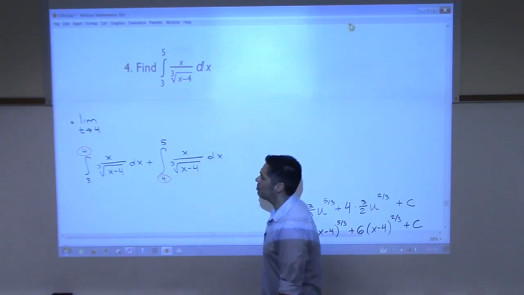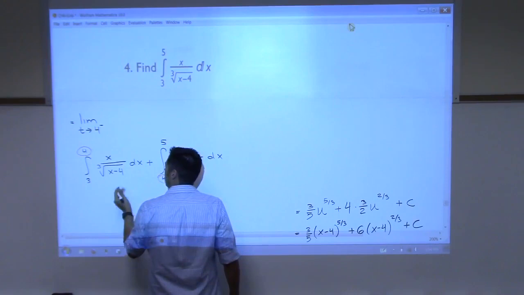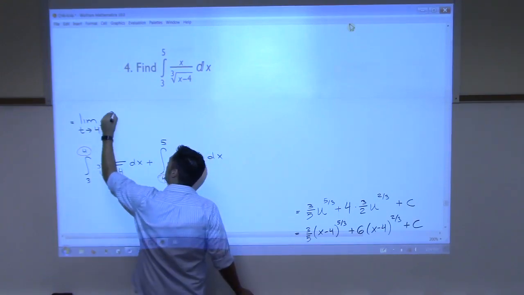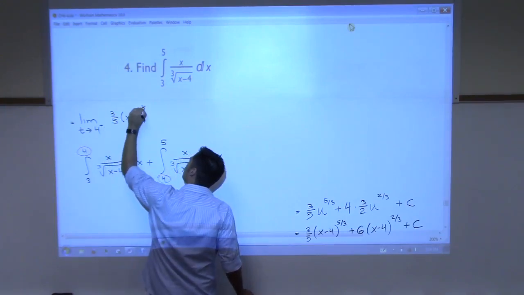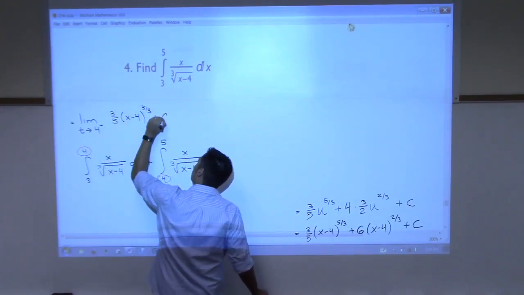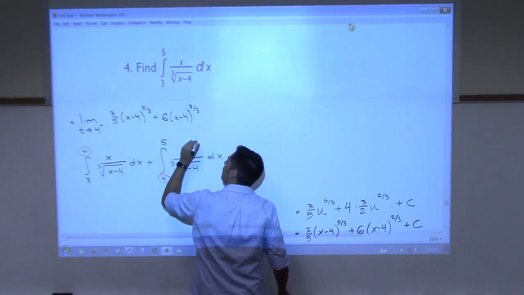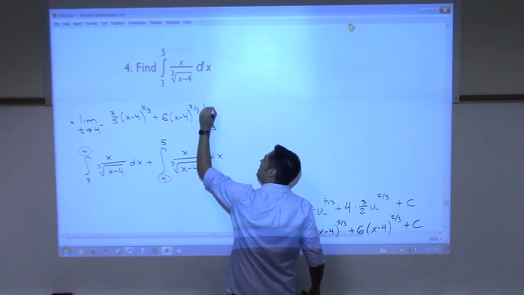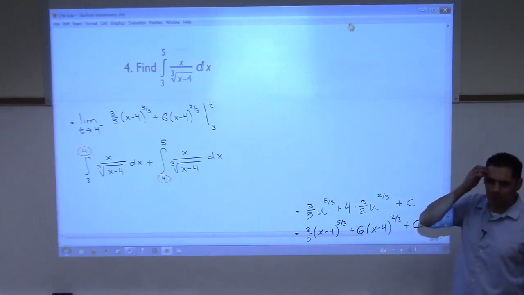The left side. So with a little negative, of the antiderivative of this, which is right there: 3/5 x minus 4 to the 5/3 plus 6 times x minus 4 to the 2/3, evaluated from 3 to t. Yeah?